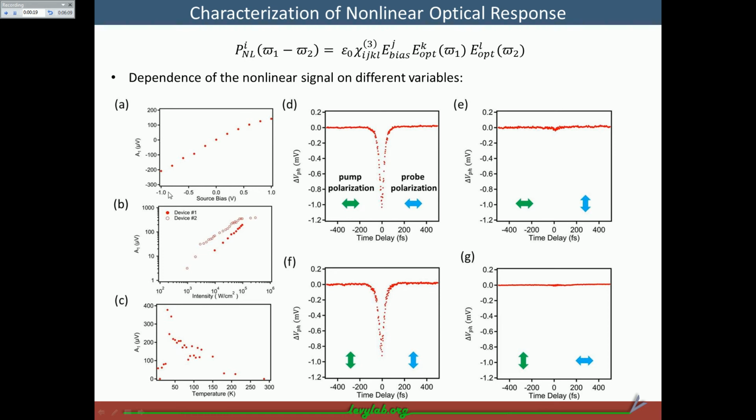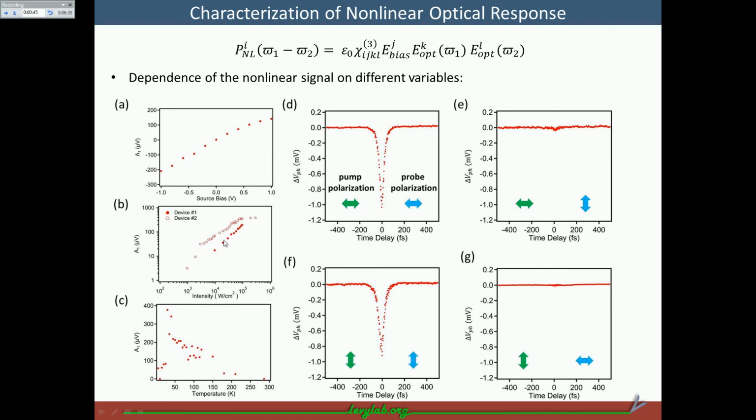This is the amplitude as a function of the source voltage. From this equation, we know the relation should be linear, and this result gives a match. Not perfect, but more or less linear. And this is the amplitude as a function of the intensity of the optical light.